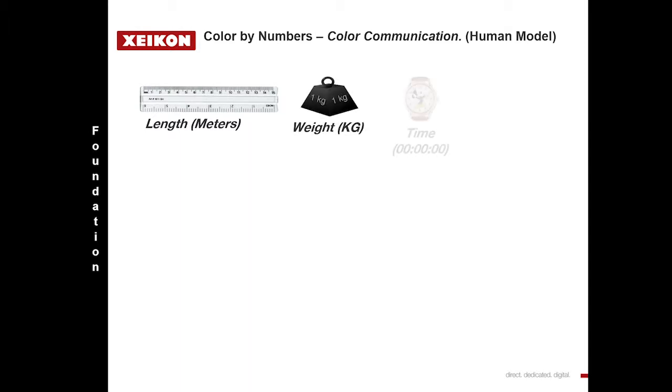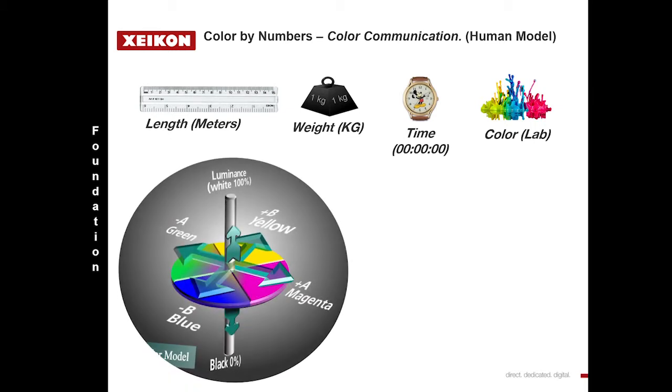So we're going to introduce something called colour by numbers. Human beings are very, very good at creating models or abstract ways of communicating very complicated concepts. So we have some easy ones here: meters for lengths, weight, and hours and minutes for time. And for colour, we have something called Lab, L-A-B. What Lab does is give each colour a unique value described with 3 numbers, an L, an A and a B number.